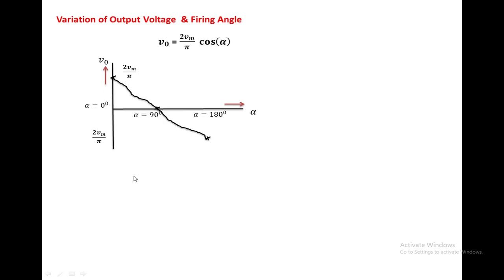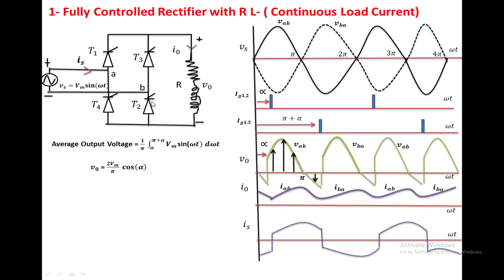So for continuous load current, if the firing angle is less than 90 degrees, the source gives power that is taken by the load. For a firing angle more than 90 degrees, the load gives power that is given back to the source through this converter. That is possible only if more inductance is present in the circuit.